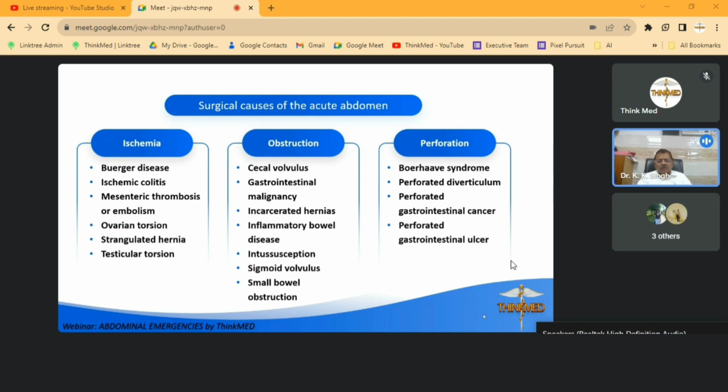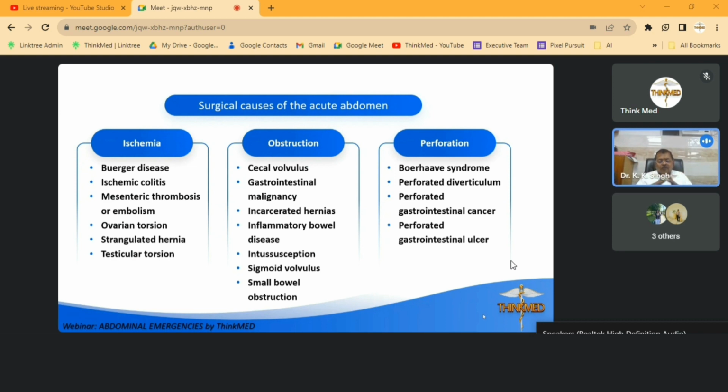The other group is obstruction. This is one of the most important causes. You can have obstruction anywhere from the gastric outlet obstruction till the last of the large bowel. The most important ones are cecal volvulus, intussusception, small bowel obstruction.